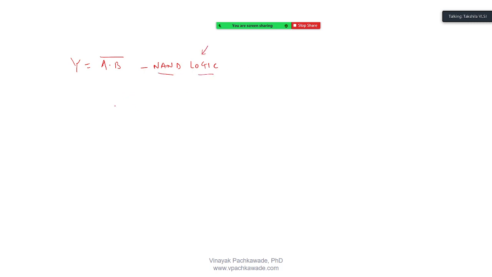So have you come up with the top view, or in other words the layout, of this NAND logic? NAND logic tells me that using compound logic gates I can have the NAND structure. What I see here, I have two NMOS transistors connected in series like this, A and B, and in parallel I have the PMOS transistors, and that's the connection to the VDD, and this is the ground, right?